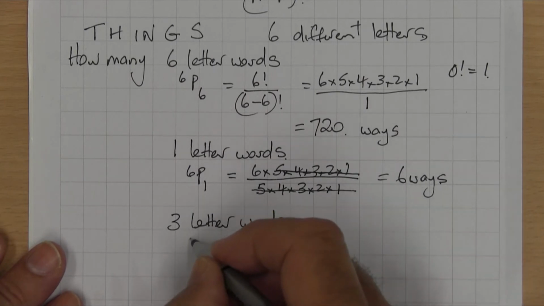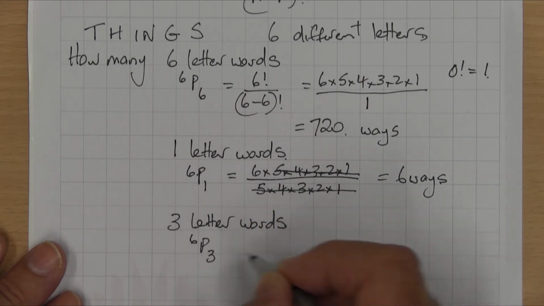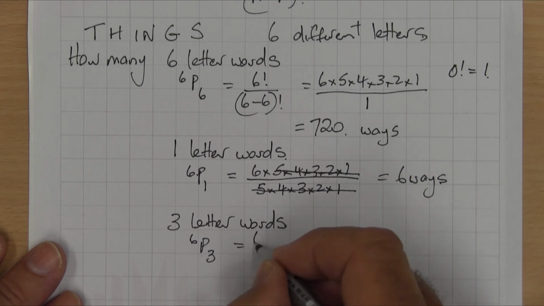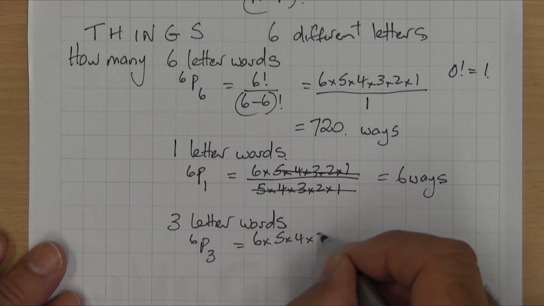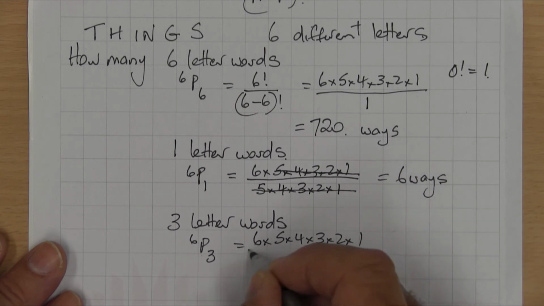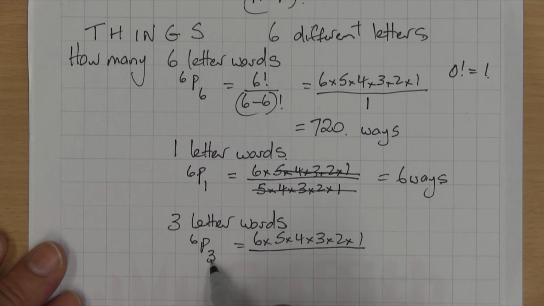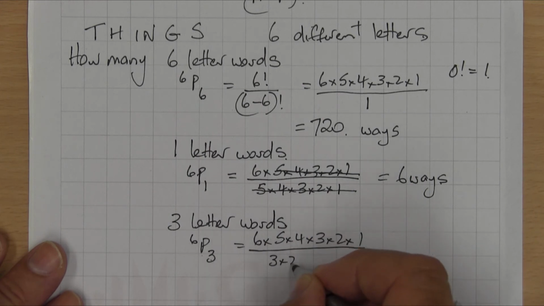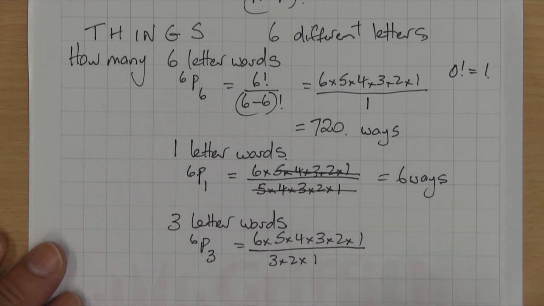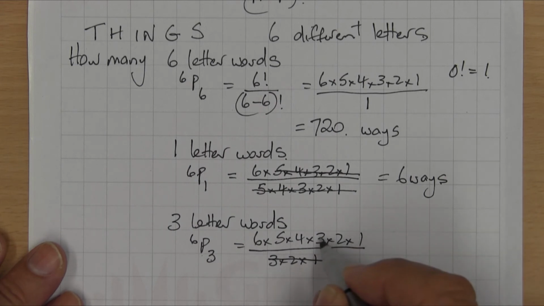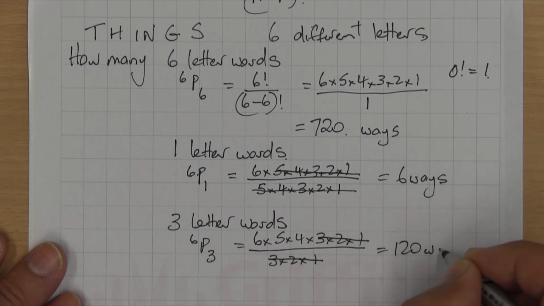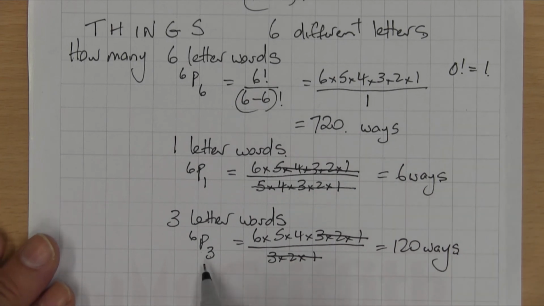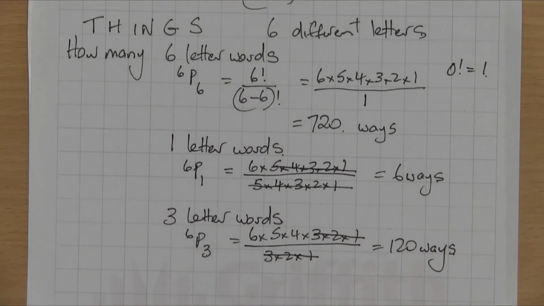So 3-letter words from 6 is 6P3, and that is 6 factorial, 6 times 5 times 4 times 3 times 2 times 1, all over 6 minus 3 is 3, so it'll be 3 times 2 times 1. The 3 times 2 times 1s will cancel. 6 fives are 30, and 4 30s are 120 ways. So you can make 120 three-letter words if you've got 6 to choose from.